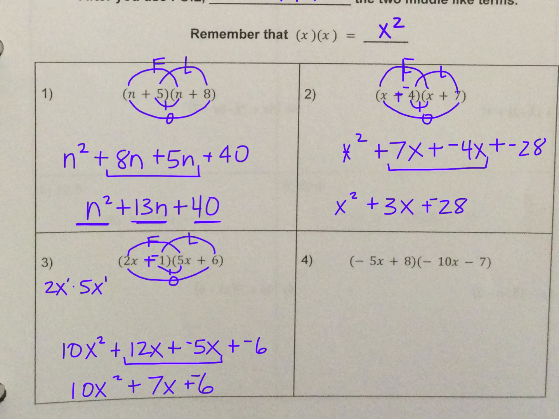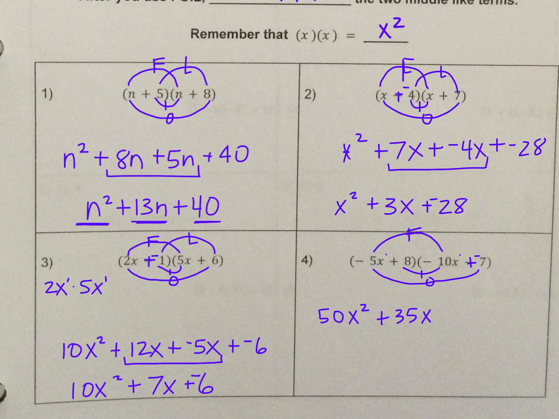All right, here's our last practice one before I set you free. Negative 5 times negative 10 is a positive 50. Their last name is x, and we add those guys, we get a 2. So 50x squared. Outer, negative 5 times negative 7, that's a positive 35x.